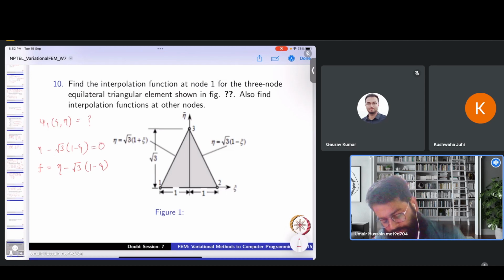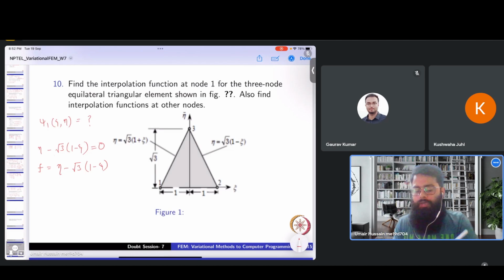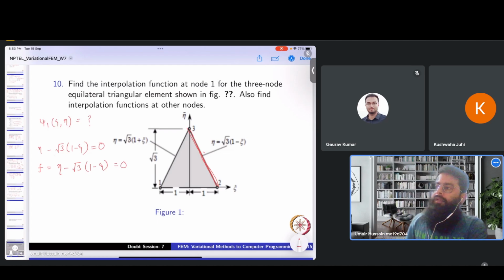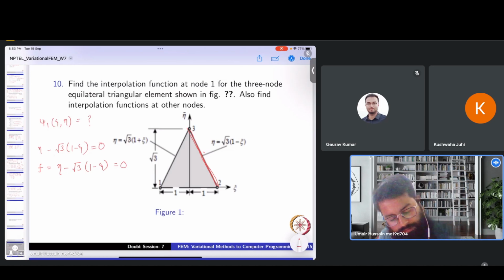So I am defining this function, which is valid for this line here, and it will always be 0 at these points. That is the property of the approximation function, that it should give 0 at these two nodes.